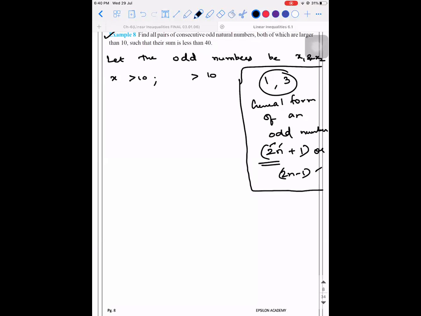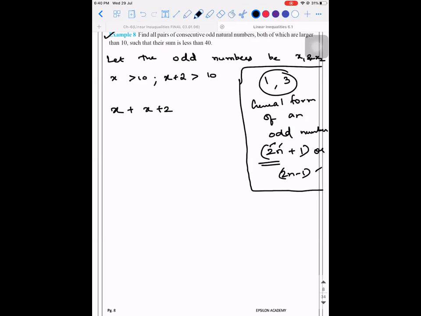Or else what I can do is, if I take the first odd number to be x, the second odd number can be x plus 2. So what are they saying? The sum of the odd numbers should be less than 40.